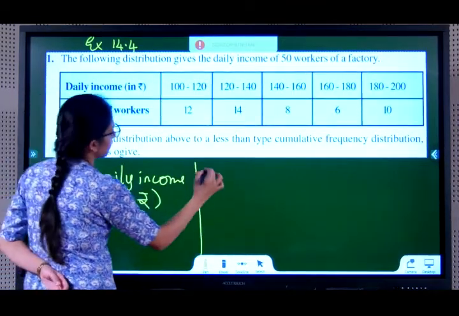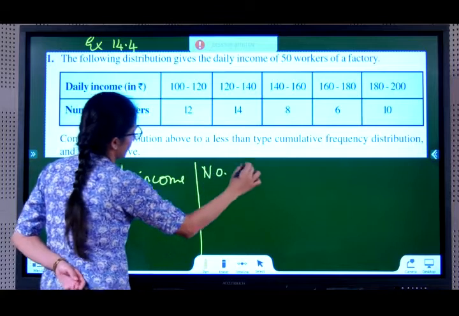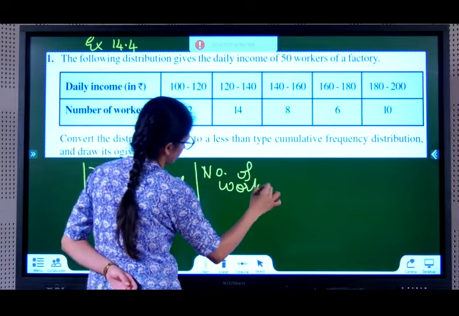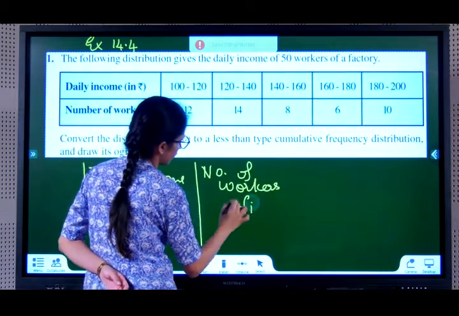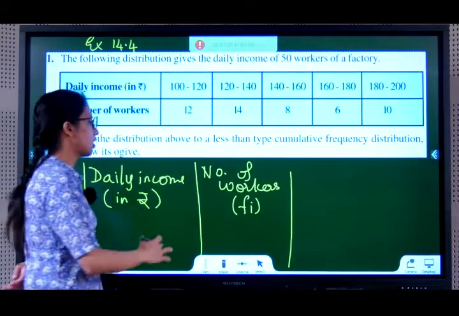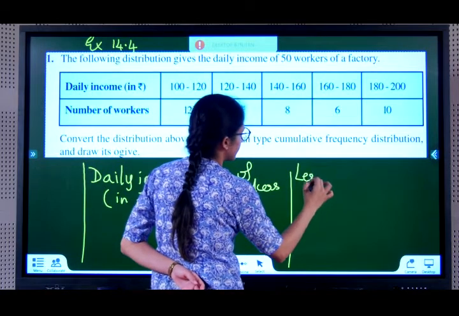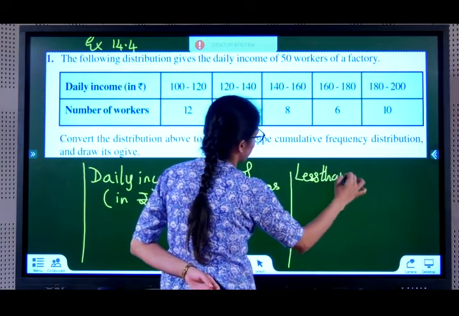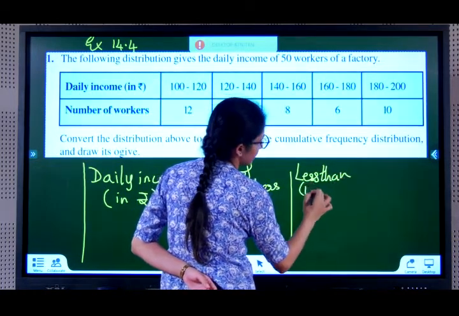They have also given the frequency. This is nothing but your frequency. You have to convert this to a less than type. So I will write less than type. So here, less than daily income.